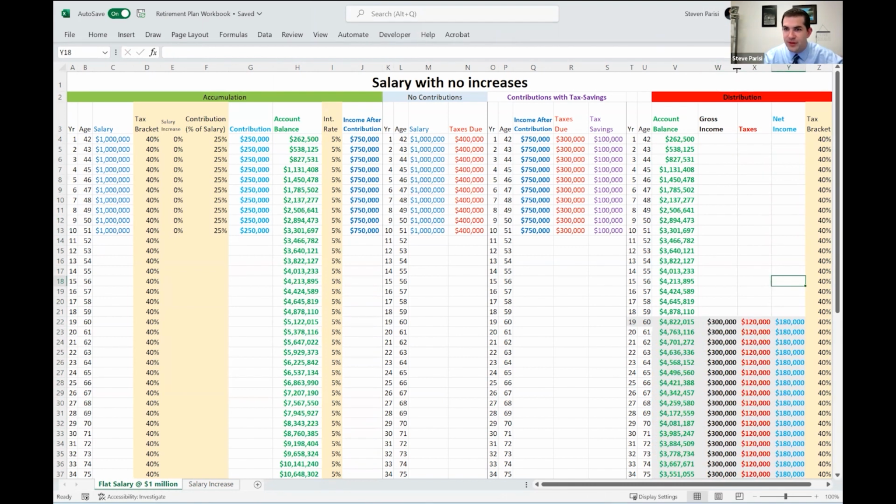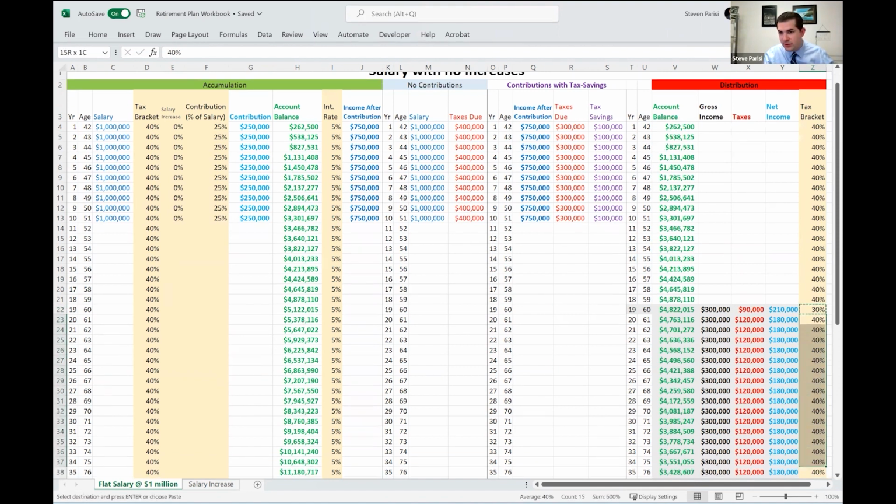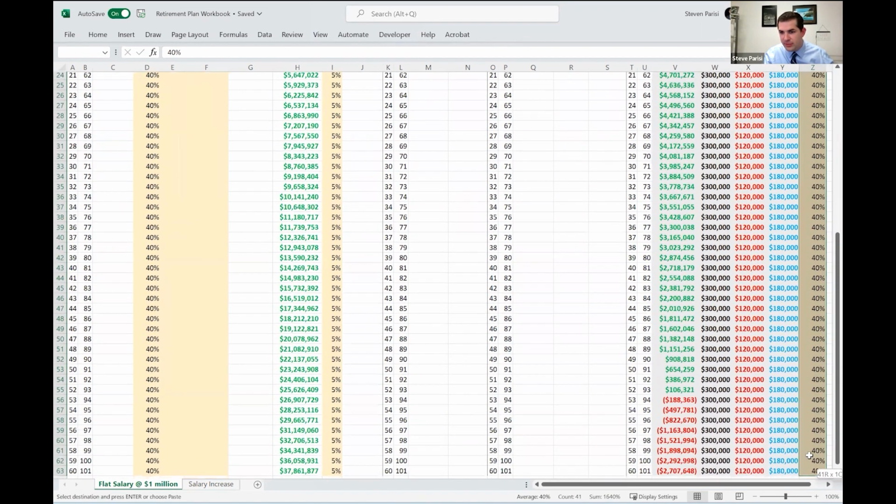Okay, cool. So because we've got a 40% bracket on the far right, what happens here: 300K, taxes 120, net income 180. Now, if we feel they'll be at a lower tax bracket at this point in time, we can adjust it here, because this tax bracket column will have an impact on the income piece.